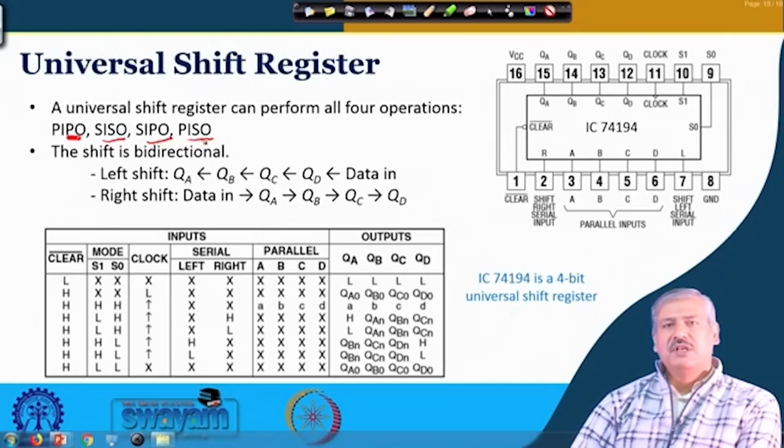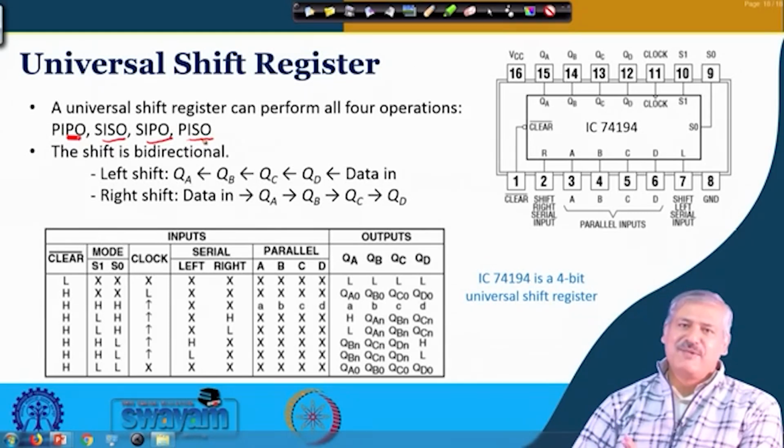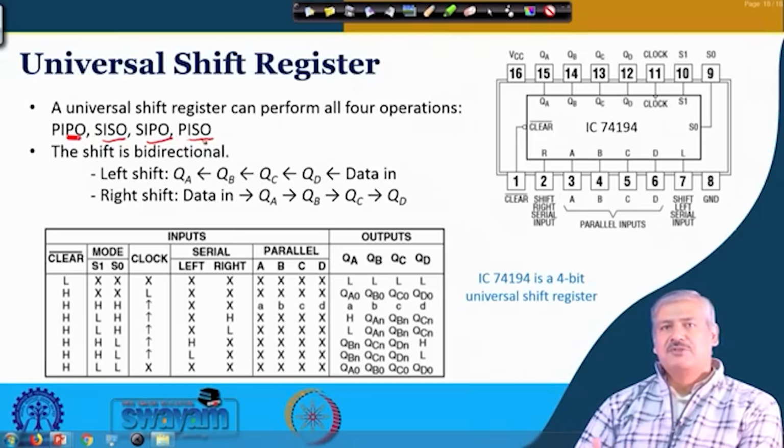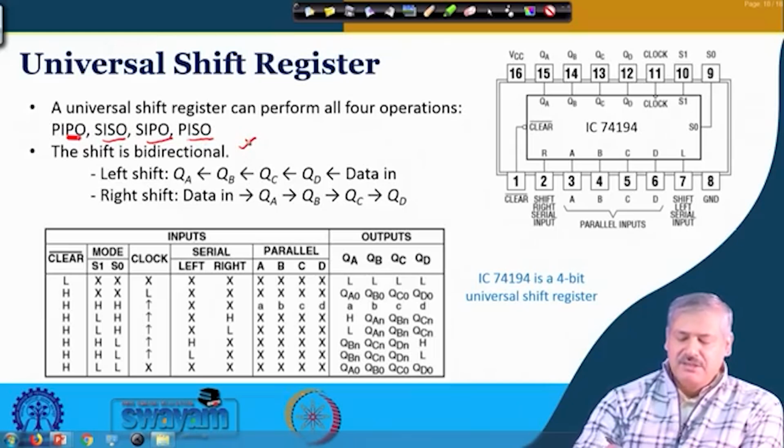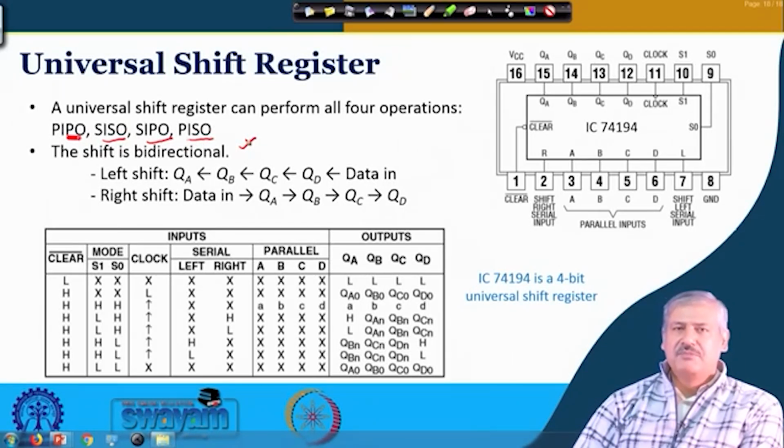In the universal shift register you have all these options available, and of course, when you make all these options available, the sacrifice will be the number of bits you can handle within a particular package. But if you require a versatile device which can perform many different operations, shift right, shift left and all those things, then yes. In this connection you need to remember the universal shift register offers both left shift and right shift.